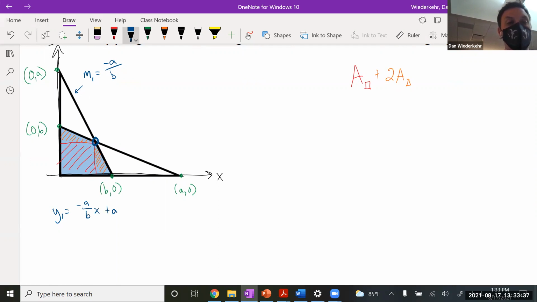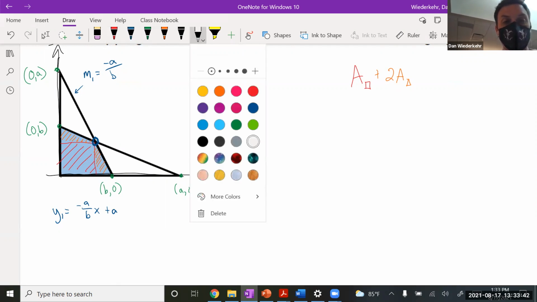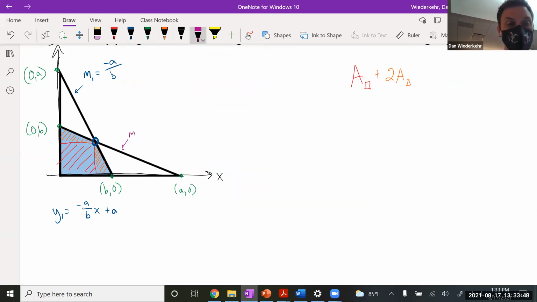The y-intercept is a. The other line here has a very similar equation. Its slope, call it m2, is negative b over a, down b, right a. And so y2 here is negative b over a times x plus b.